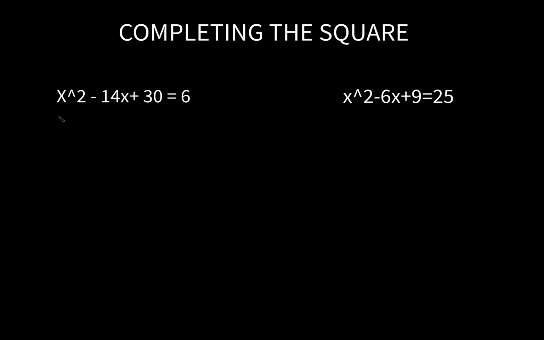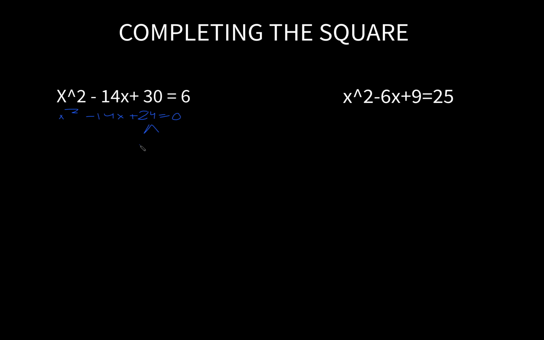Now, if we were solving this like normal, you'd maybe subtract the 6 from both sides to get x squared minus 14x plus 24 equals 0.